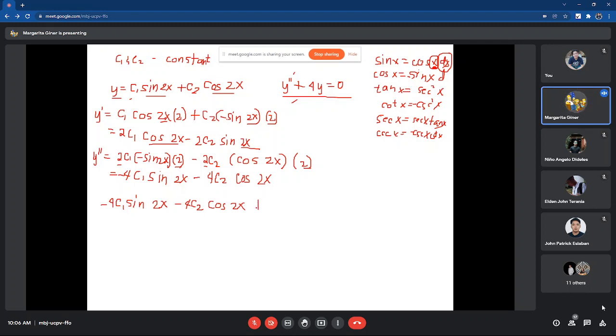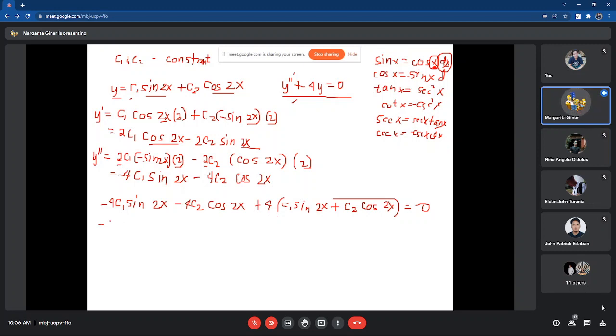Plus 4 multiplied by y. So our y is C1 sine 2x plus C2 cosine 2x, so 4 times C1 sine 2x plus C2 cosine 2x is equal to 0. Okay?